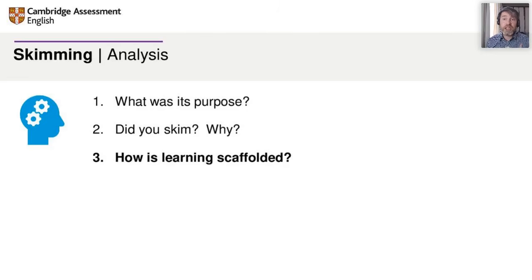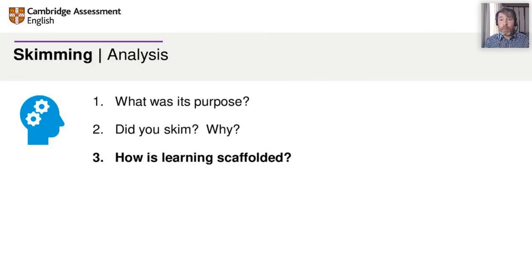We then developed a checklist. We thought about the skills you would need in order to successfully complete that task, and we broke those down into small, manageable chunks. And we created a checklist that you were able to refer to as you did the task.